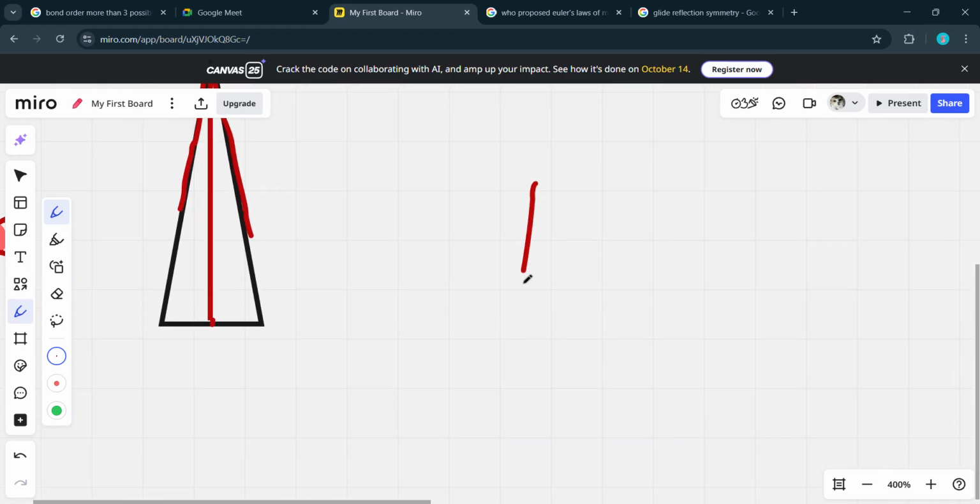What we will see is this exact same thing, this triangle.